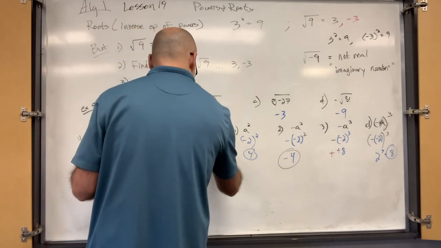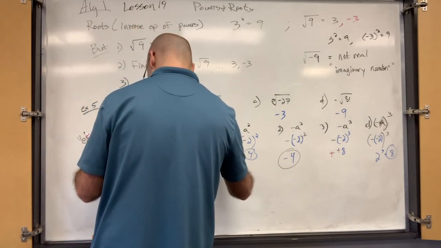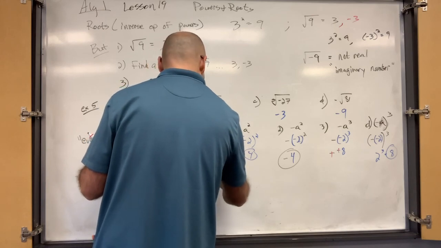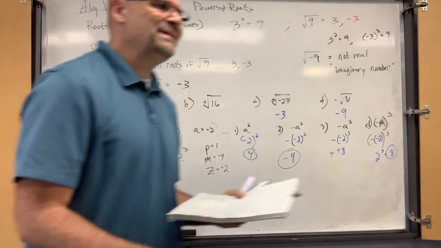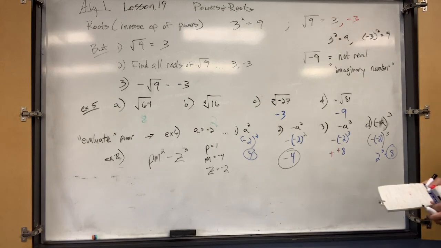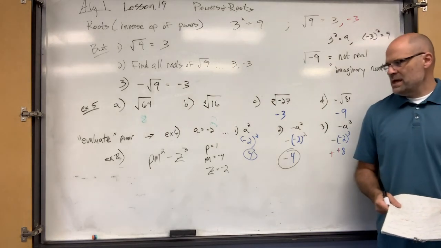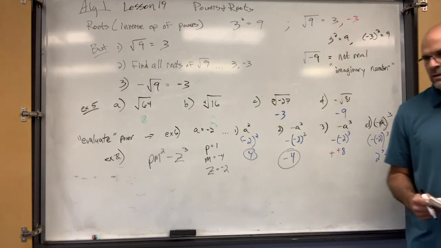Okay, P equals 1, M equals -4, and Z equals -2. All right, evaluate that. You can try it in your head, try it on paper, see which one has more success. P M squared minus Z cubed.